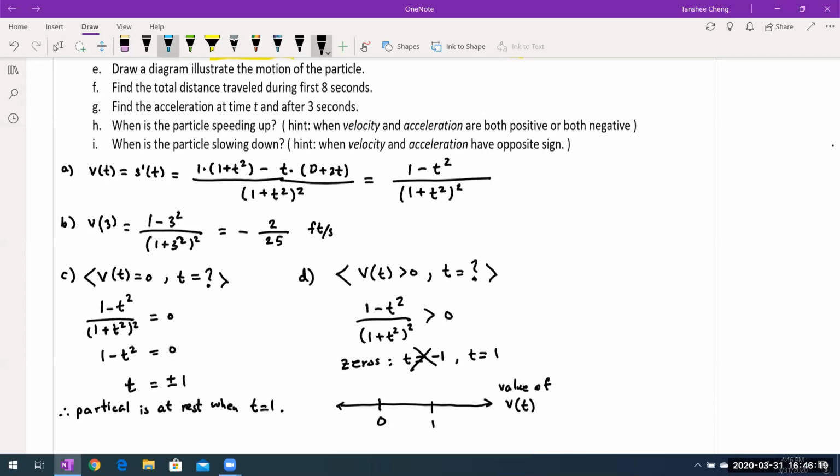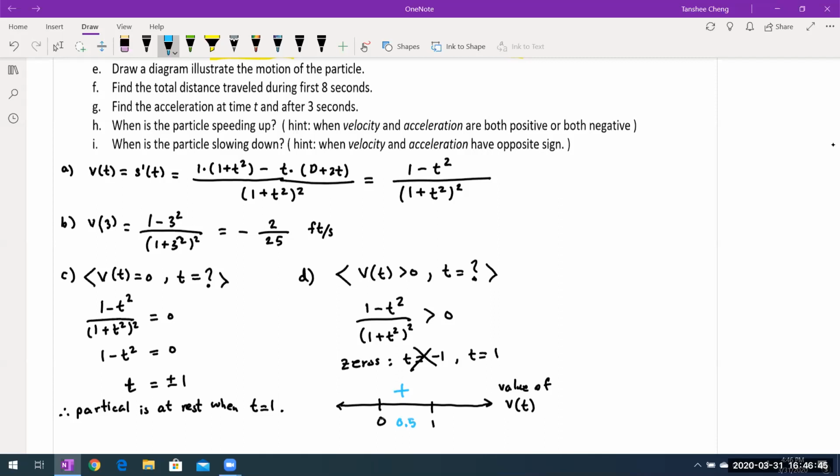Now, checking with the number 0.5 in interval number 1, I get that the velocity function is a positive value, because when you plug in 0.5, the top part will be positive and the bottom part will be positive. So in this interval, I get a positive value.